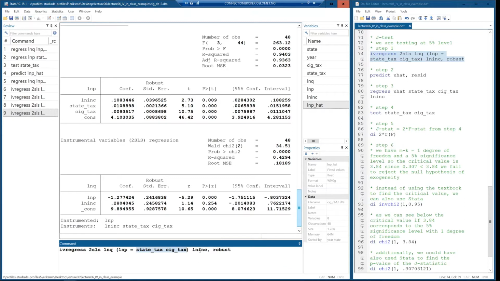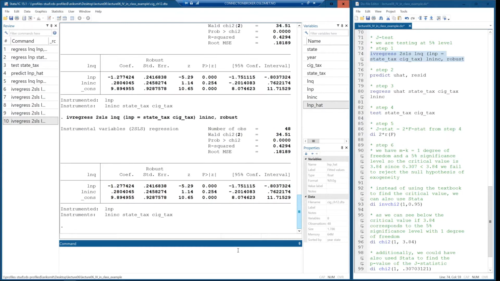And we have one control variable, ln inc, which is the logarithm of personal income or per capita income. We run this regression and we obtain our coefficients.